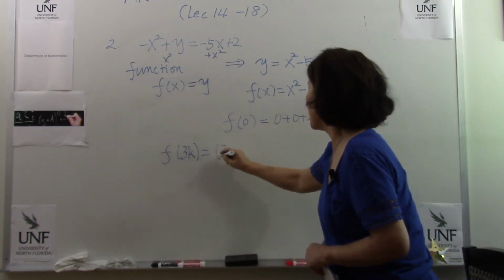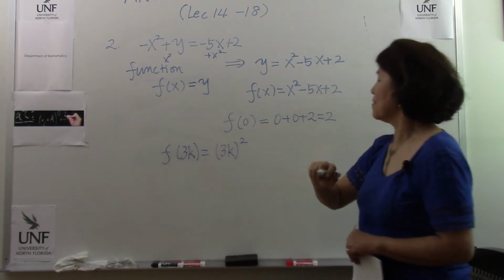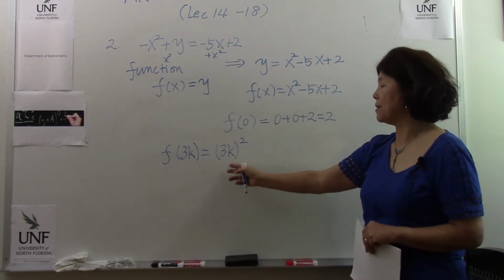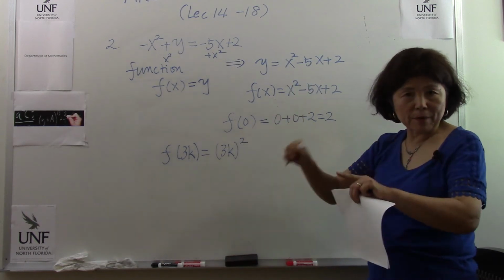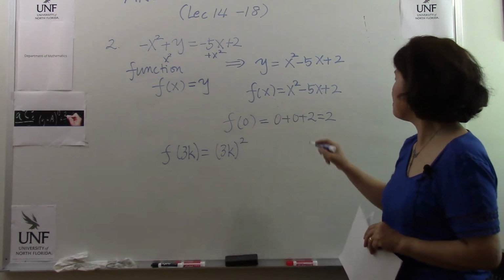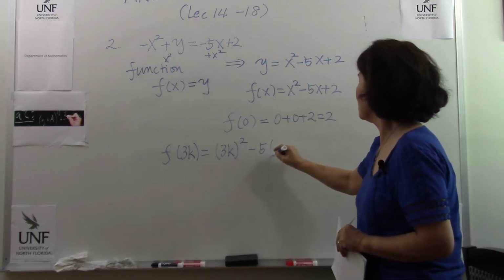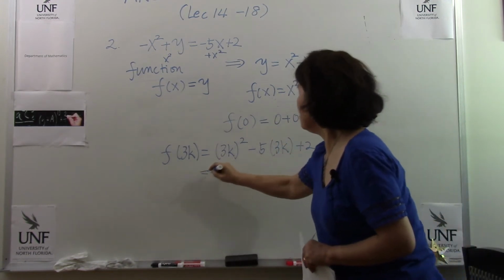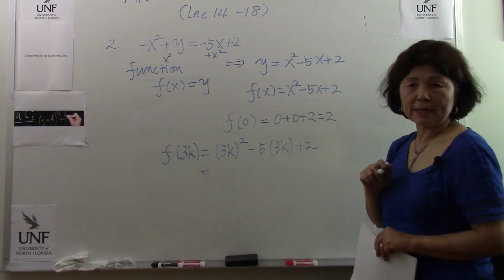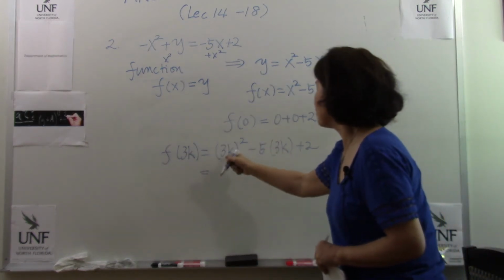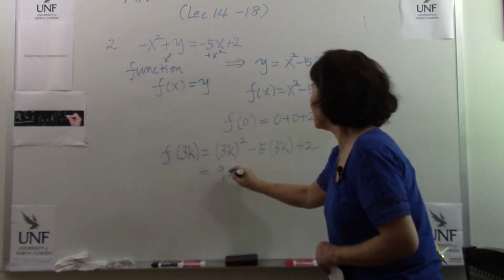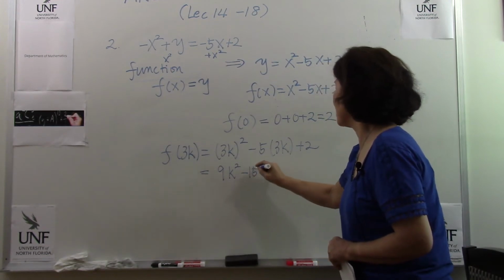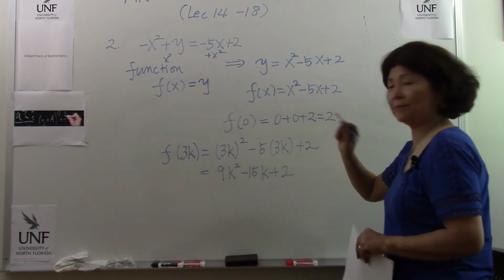So 3k, yes, one thing you need to be careful about here is you must give parentheses around the 3k. Minus 5 times 3k plus 2. We have to remove those parentheses. So what do you have? 3 squared, 9k squared minus 15k plus 2.